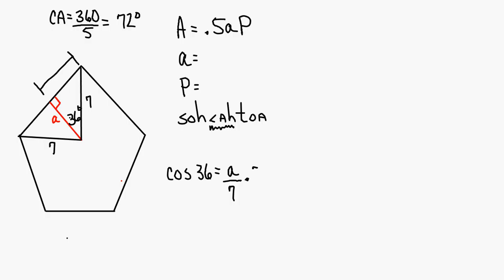If you multiply each side by 7, cosine 36 times 7, 5.66 equals the apothem. It's one of the measurements you were missing.